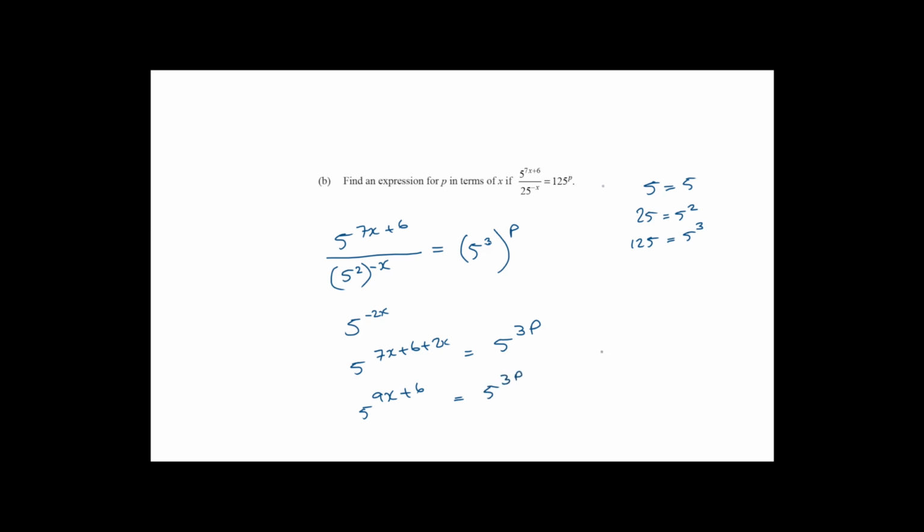They have the same base, so 9x plus 6 must equal 3p. Divide both sides by 3. We have 3x plus 2 equals p. And there's our answer.